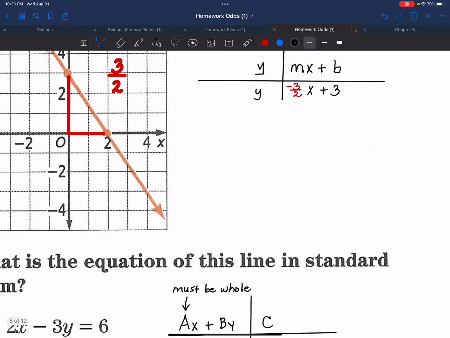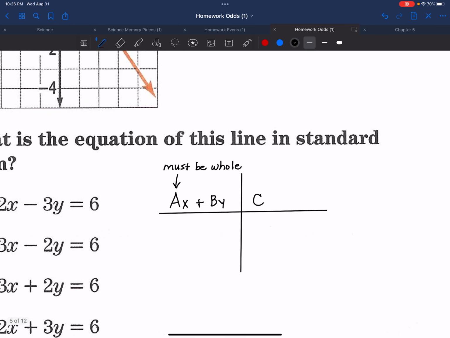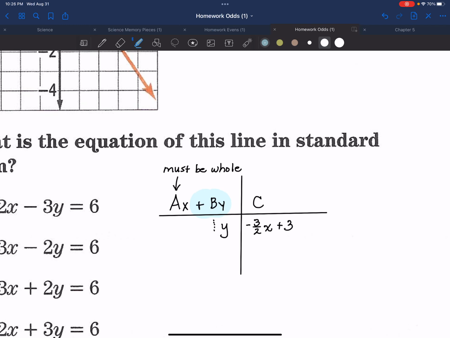Okay, so we have y equals negative 3/2 x plus 3. And I can put in a 1 there if I need it to hold that spot. So big B Y is 1y. You can even make it positive 1y.